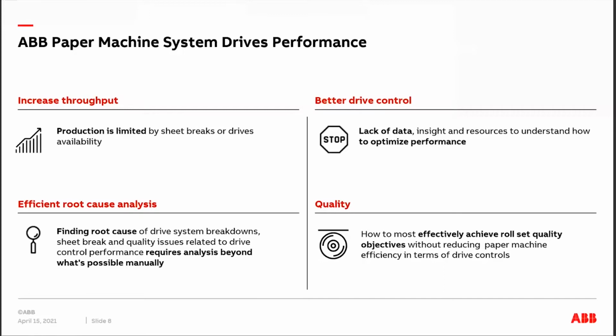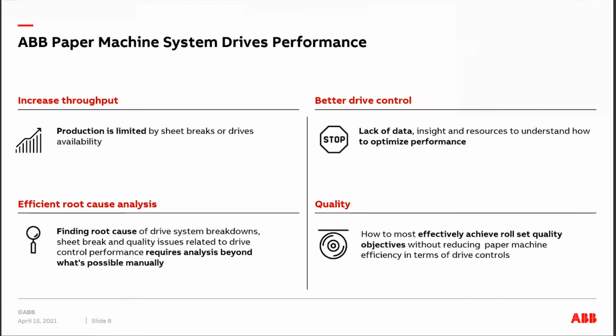The other way it helps to limit sheet breaks is through efficient root cause analysis. So the information is there again down in the millisecond range, and I'll show how it's easy to drill down from a high level down to the specific information for a specific sheet break to perform effective root cause analysis. And then the other thing I'll touch upon is how the solution can help on the quality side.